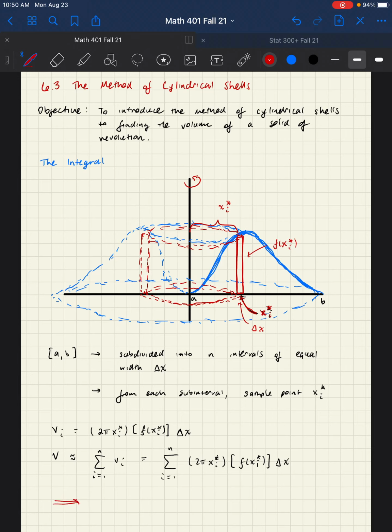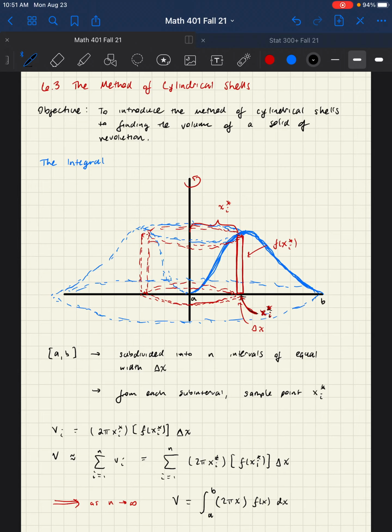In the limit of the Riemann sum, if we let n go to infinity, we end up with the volume equal to the integral from a to b of 2 pi x times f of x dx.